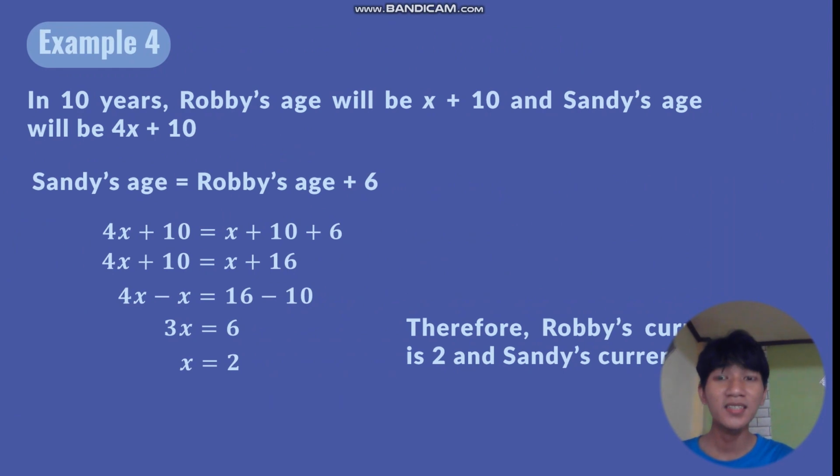And in 10 years, Ruby's age will be x plus 10 and Sandy's age will be 4x plus 10.